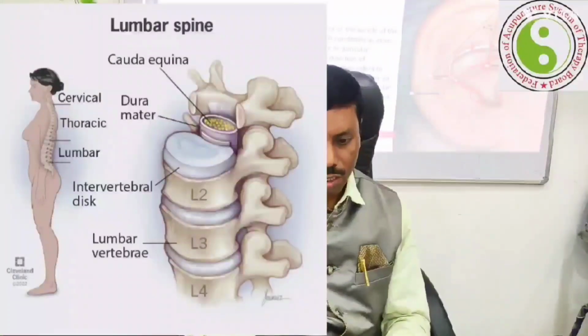From here it goes to the lumbar vertebra, then the sacrum vertebra, then the coccyx, and further it goes to the sciatic nerve, which is also known as the sympathetic nerve as well.